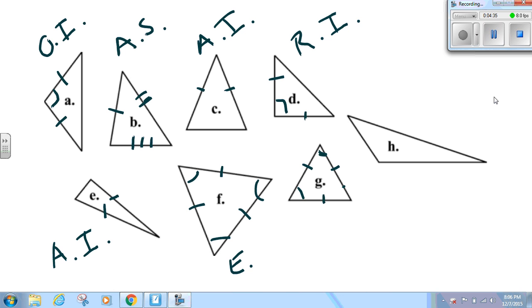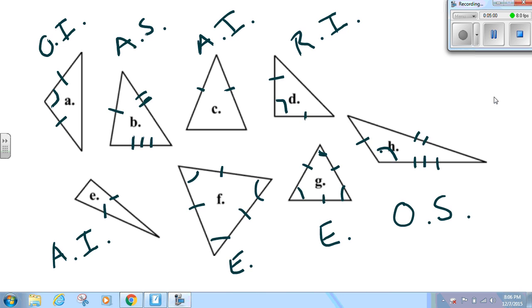So G is also an equilateral triangle. And lastly, we have H, which has 3 different sides and 3 different angles, one including an obtuse angle. So this would be an obtuse scalene.